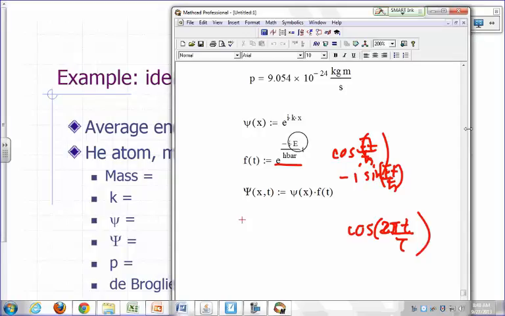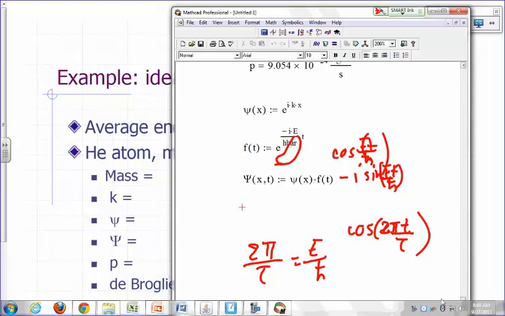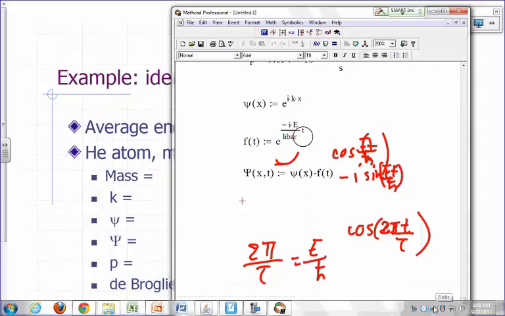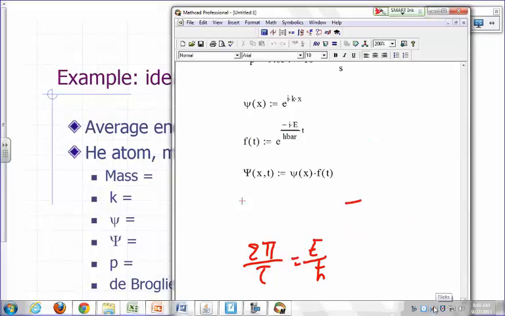So we can identify 2 pi over tau as E over h bar. So what's our tau then? Our tau is going to be 2 pi h bar over E. And so h bar is h over 2 pi, so that's just going to be h over E.